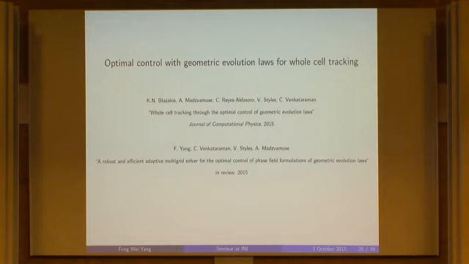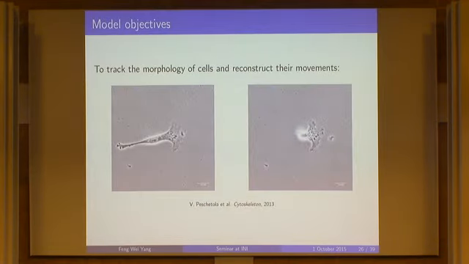We're currently writing up a paper, now submitted, on how we solve this model efficiently, and also how we solve it in 3D. We're also working on a more computationally demanding 3D cell tracking model, and you will see some results for that.